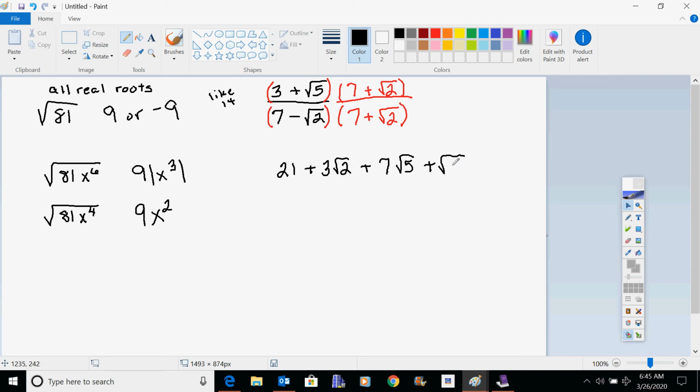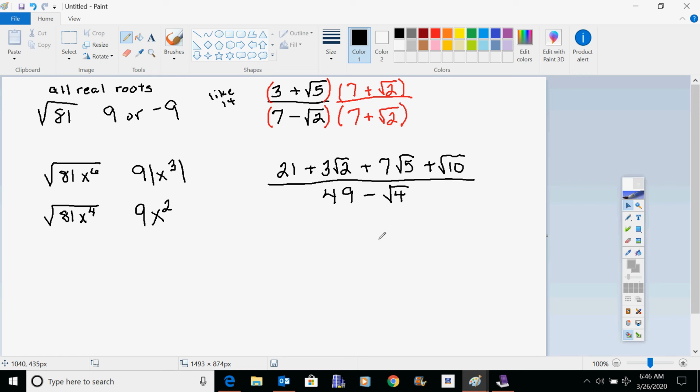This one's not going to really simplify down too much, this numerator, but our denominator is going to simplify a lot. 7 times 7, 49. Remember, the great thing about conjugates is that when you multiply 7 times square root 2, negative 7 square root 2, those two drop out. So we're left with minus the square root of 4. Just these two multiplied together at the end.